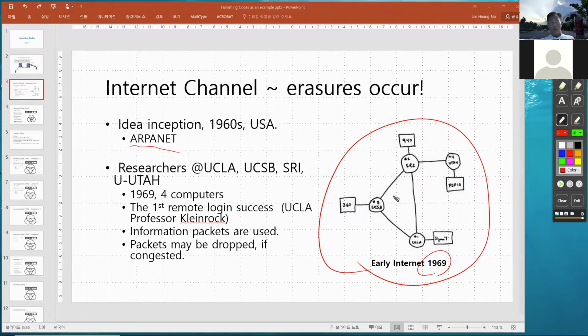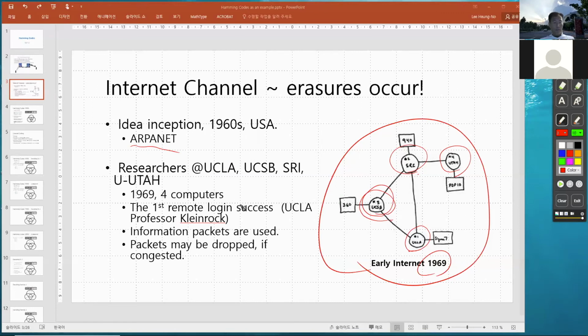And there were 4 nodes, the UCLA node, UC Santa Barbara, I believe, Stanford SRI, and the University of Utah, 4 nodes. And Dr. Kleinrock made a successful first login in 1969.